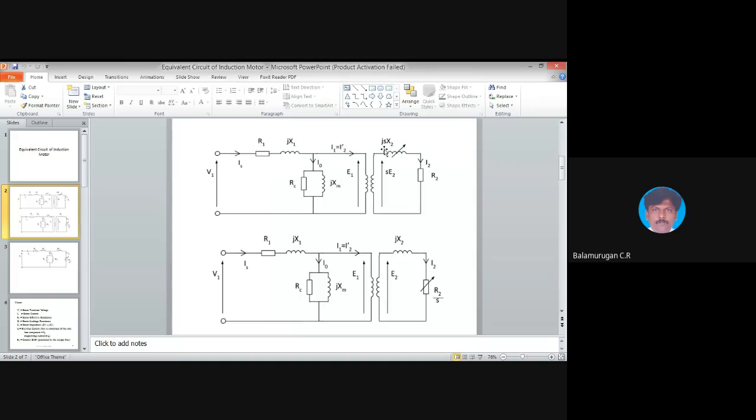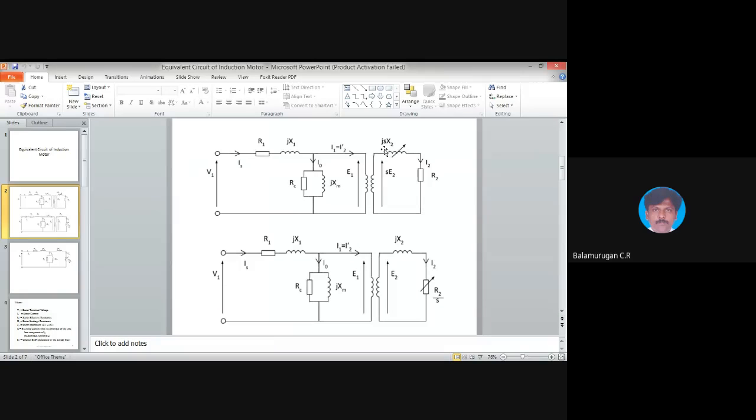So, in order to have a fixed resistor, a fixed inductor and a variable load, we are rearranging the equivalent circuit like this. This is the initial equivalent circuit. This part, sX2, is called the mechanical load, and we are replacing it with a fixed inductor and a variable resistor with respect to slip.